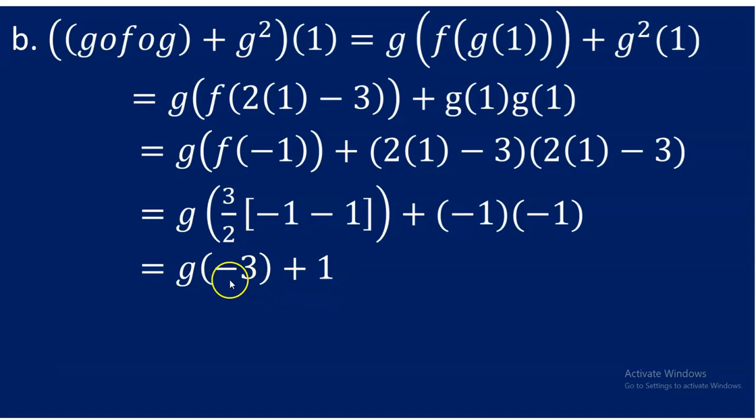And we know what g of x is, as it has already been defined. g of x, look here, g of x is 2 times x minus 3. So we are going to substitute minus 3 in place of x, okay? And then we should operate that one with 1, okay? So this is going to be like this. Look, g of x was asserted to be 2 times x minus 3. Then you have plus 1 outside.